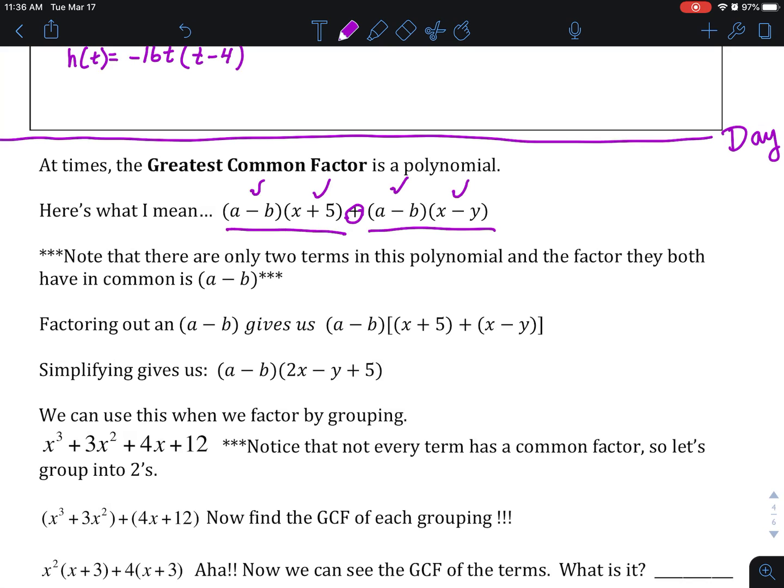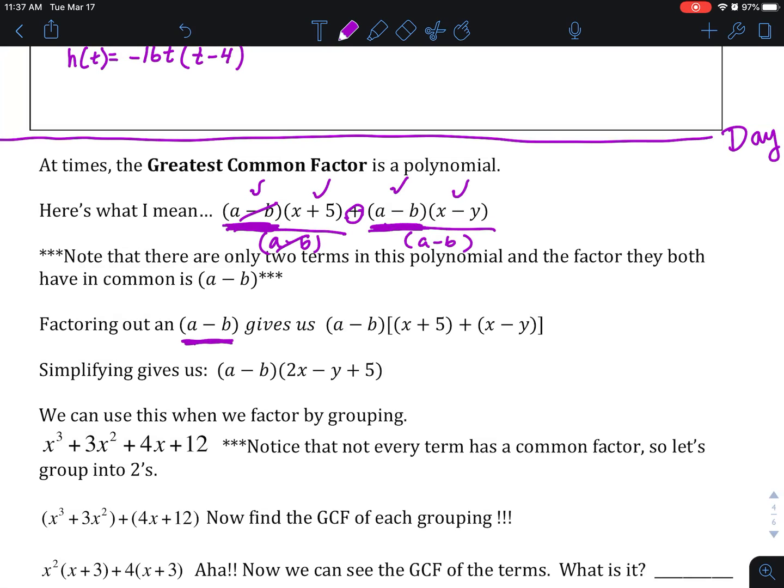So if we look closely, we'll notice that each of those terms has a common factor. The common factor that they both have is a minus b. So a minus b is the GCF in this case. When we factor out a minus b, what we're doing is technically dividing each term by a minus b to get our leftovers.